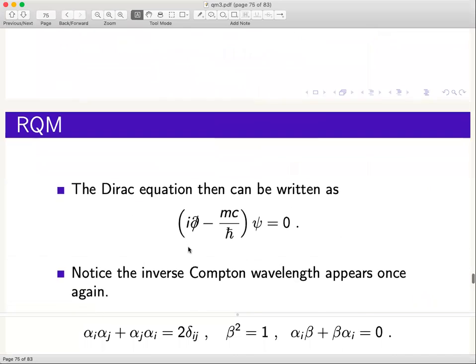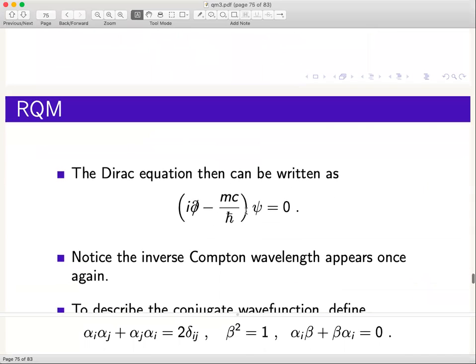Notice one more thing: you get a factor m c upon h bar, which is the inverse Compton wavelength. The square of this quantity had appeared when we looked at the Klein-Gordon equation, but now you get exactly the inverse Compton wavelength.